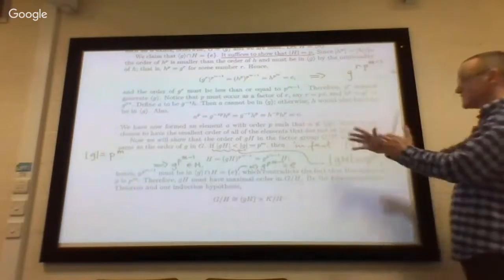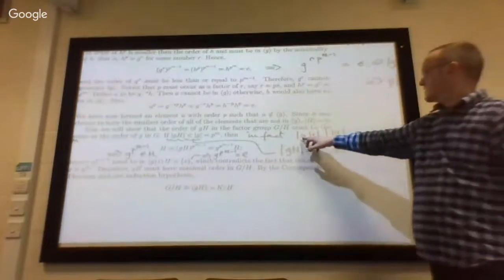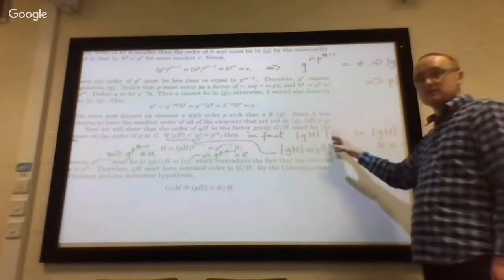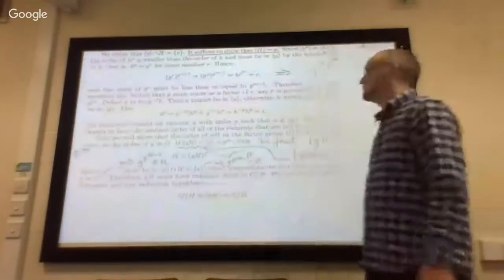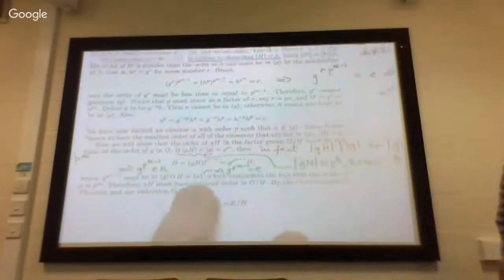Because just generally, because it's a homomorphic image, the order of the coset GH divides the order of G. That's what you get from it being a homomorphic image. So the order can't be less, therefore it must be equal to.